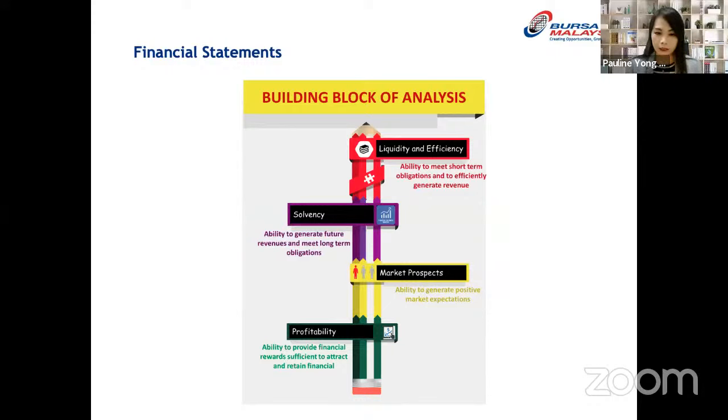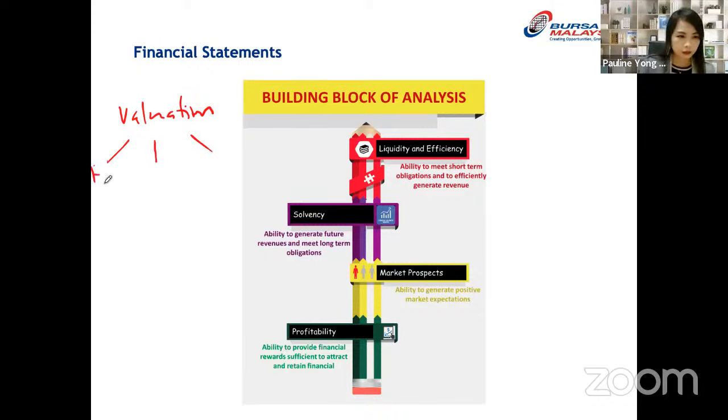Then the market prospects, because when you are analyzing the company, you are actually looking at the future outlook of the company. And then the profitability. So in summary, in the valuation of a company, there are three perspectives.